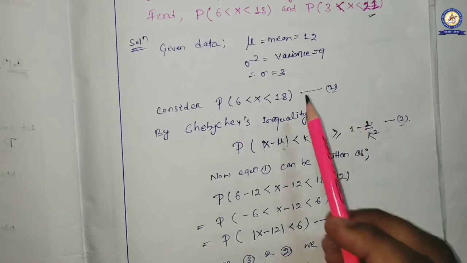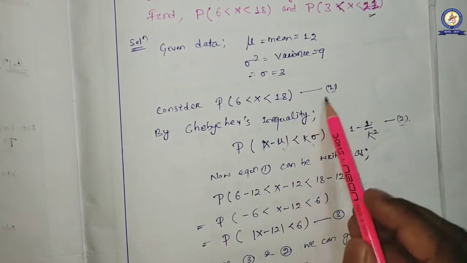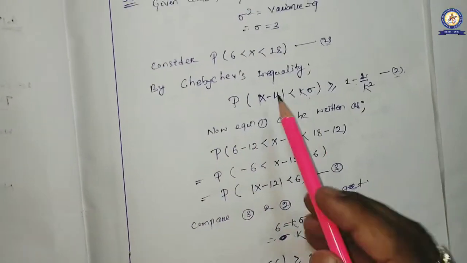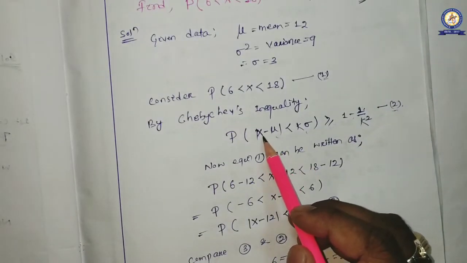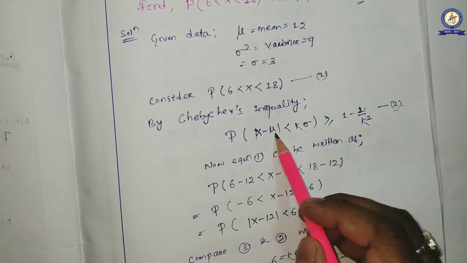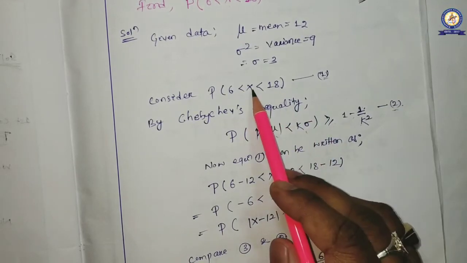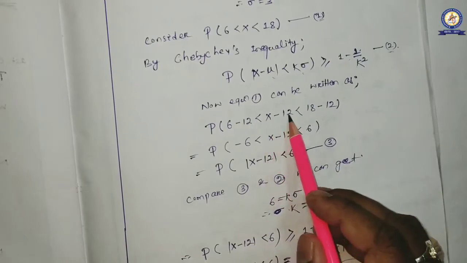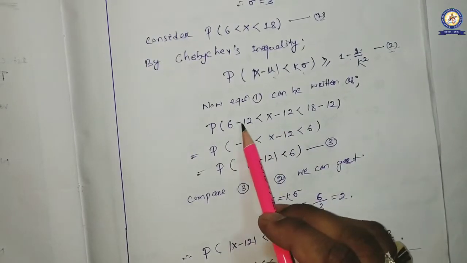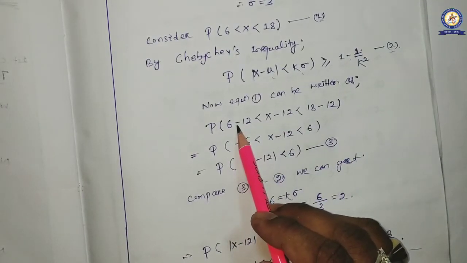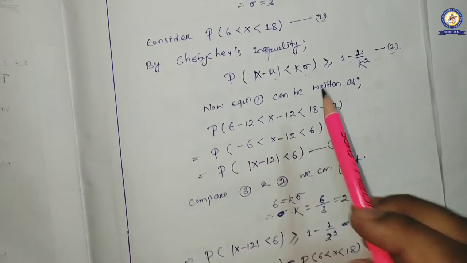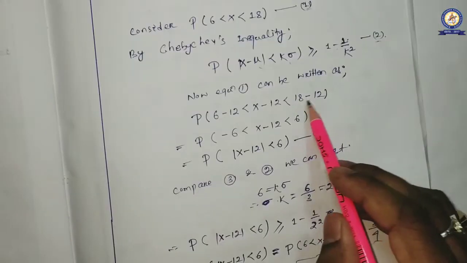Before we compare, we have to do something with equation number 1. Here this is x minus mean, so here also we are going to consider that same thing. X minus mean, where mean is 12. So on the left-hand side also we are going to consider 6 minus 12, and the term 18 is also going to be subtracted by 12.